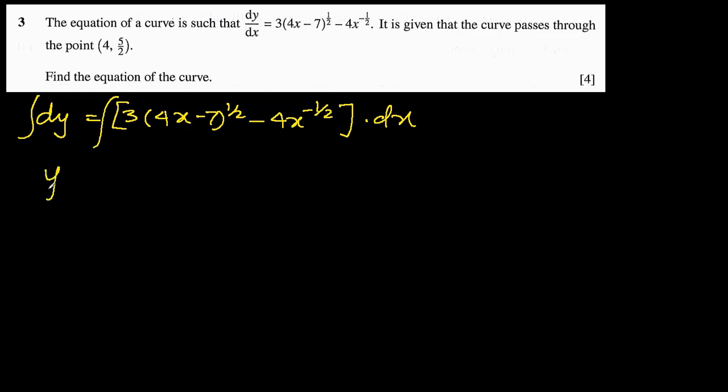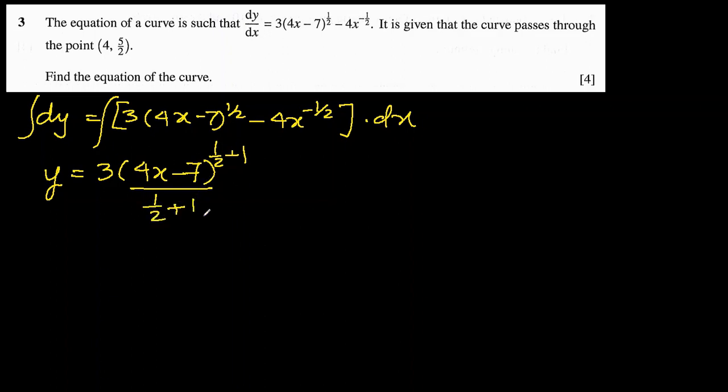So it becomes y, and if we integrate this separately, 3 is a constant, untouched. What are we left with? 4x minus 7. It is a linear part, so we can write half plus 1 divided by half plus 1.